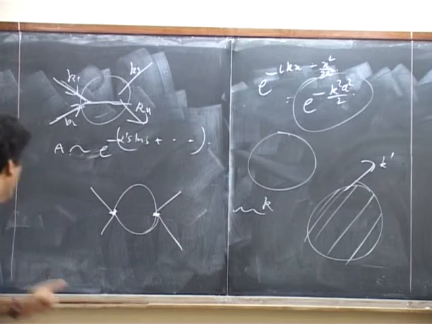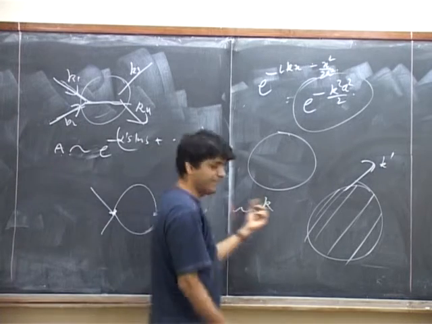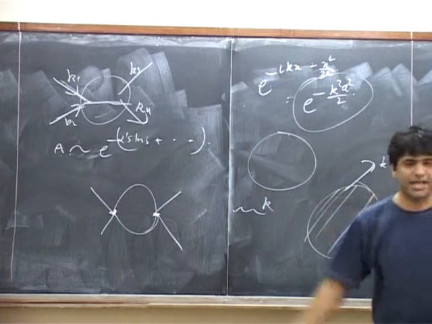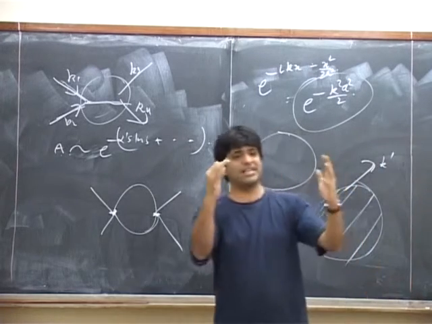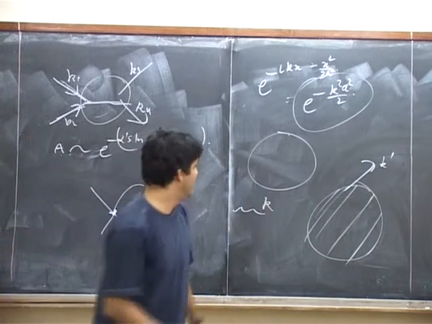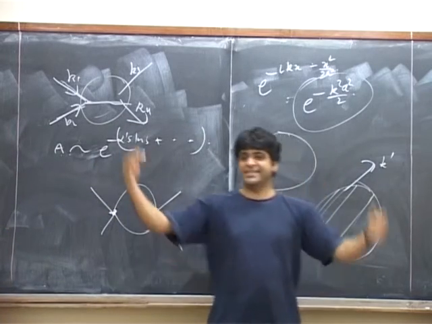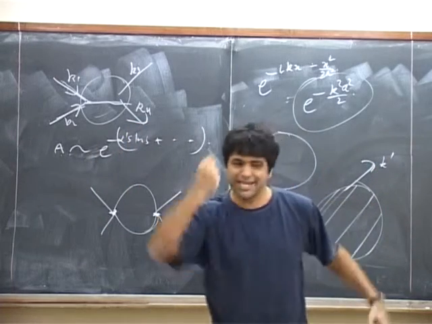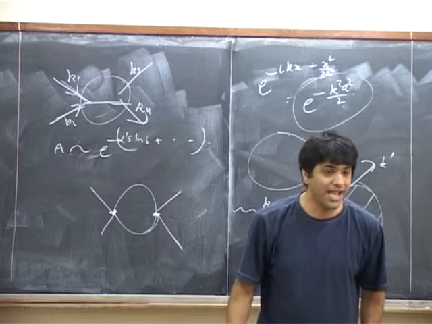Okay? So, what's going on here is that let's go to a frame in which we've got two strings coming together. Let's go into a frame in which one of them is at rest and the other one's coming hard at it. So the one that's at rest is like an object of string scale size against which these things collide. Okay?